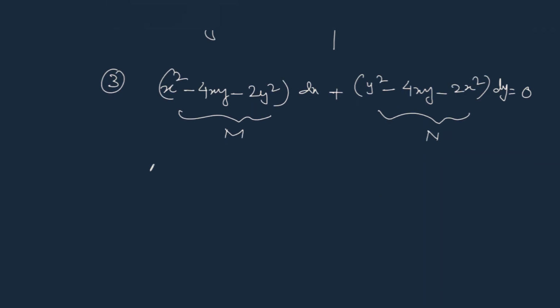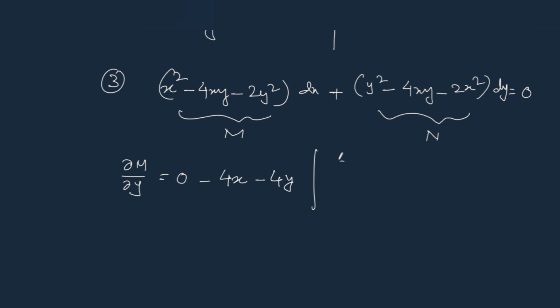Let's calculate del M del y. The first one will be 0 because the partial derivative of x squared with respect to y is 0, and then treat x as a constant here, so negative 4x and then negative 4y.